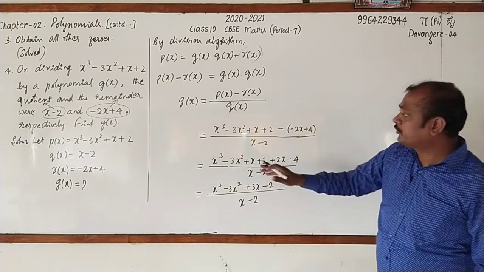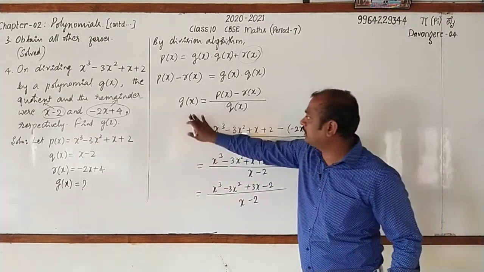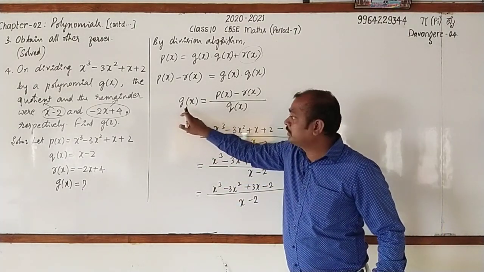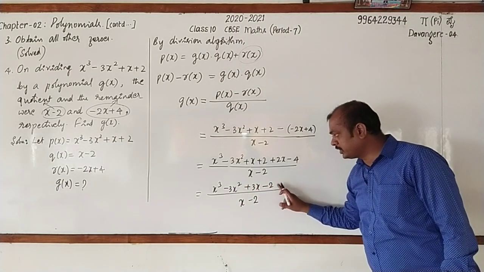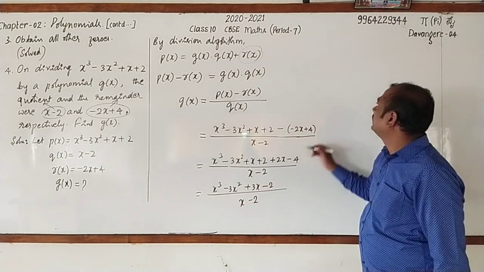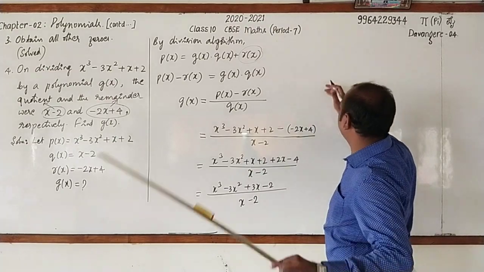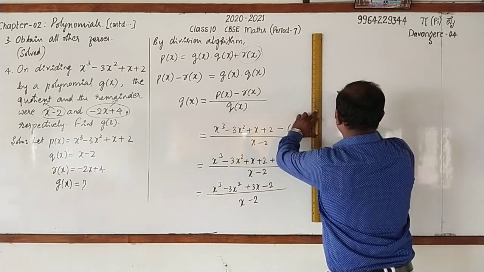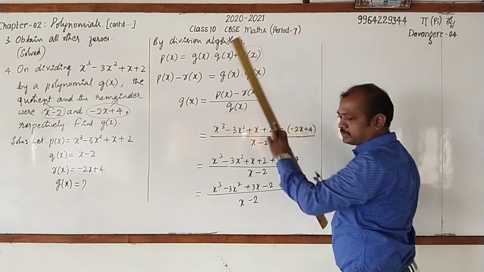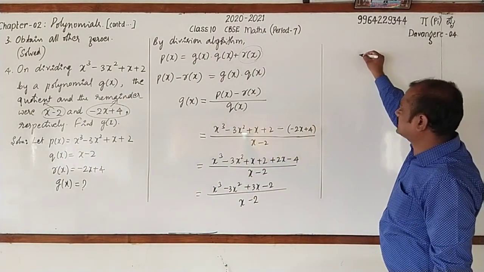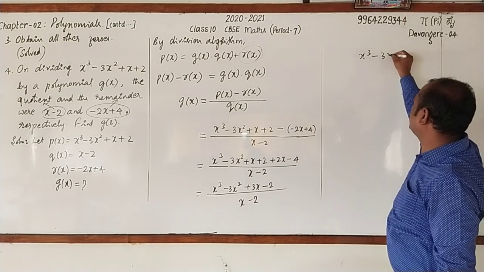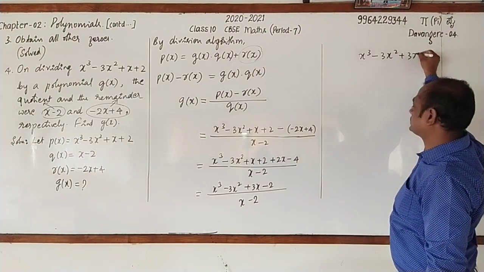Understood? From this statement, you can come to know that we get g of x by dividing this numerator by denominator. Let's start division. Observe this. It is x cube minus 3x square plus 3x minus 2.